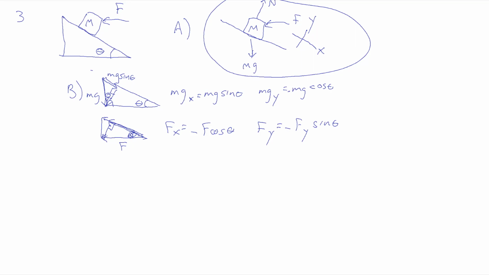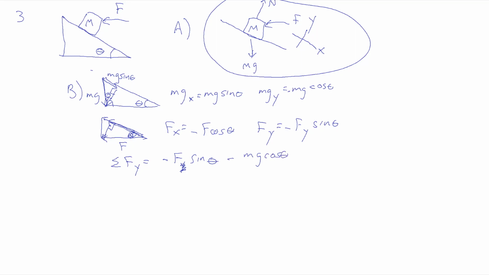So now I'm ready to proceed with part B. And it asks for the contact force, which is in the y direction. So let's write down the sum of the forces in the y direction. I've got my component of the pushing force, minus F sine theta. And I've got a component of gravity in my y direction, minus mg cosine theta.